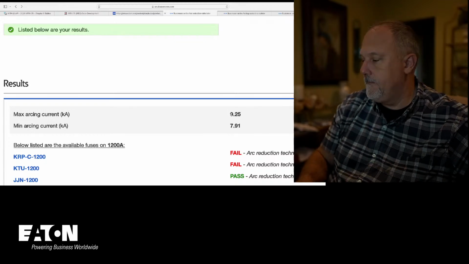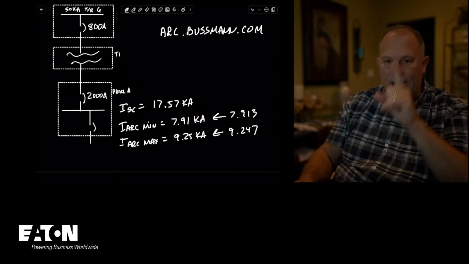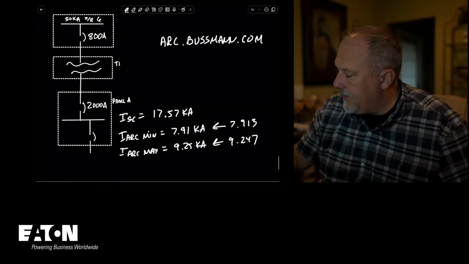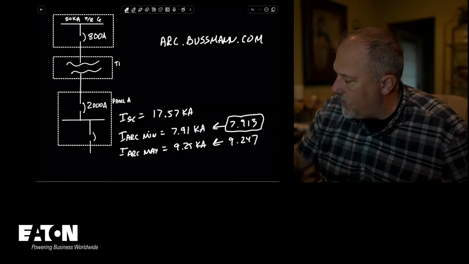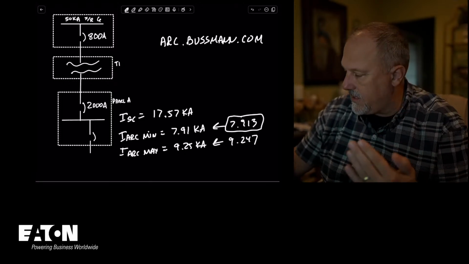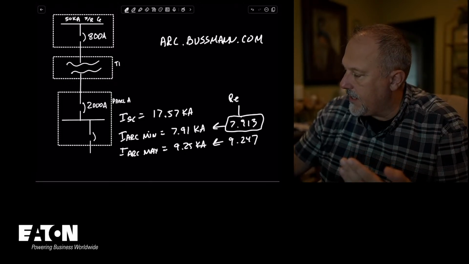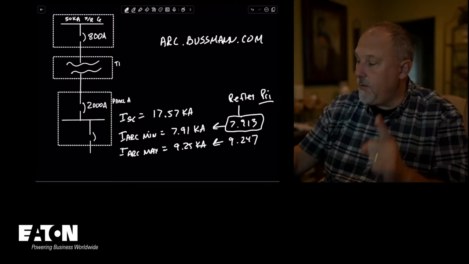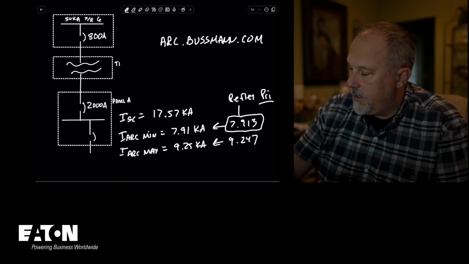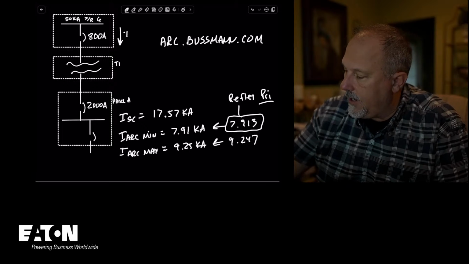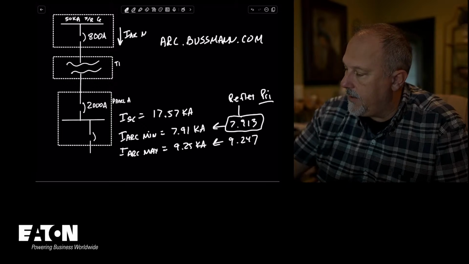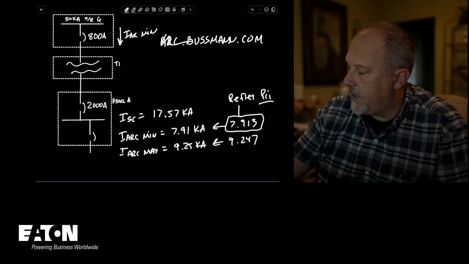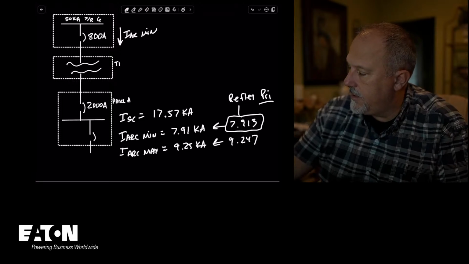So now what has to happen is I'm going to take this 7913 number and reflect it to the primary. To do that, I arc minimum. Let me get rid of my Bussmann calculator.